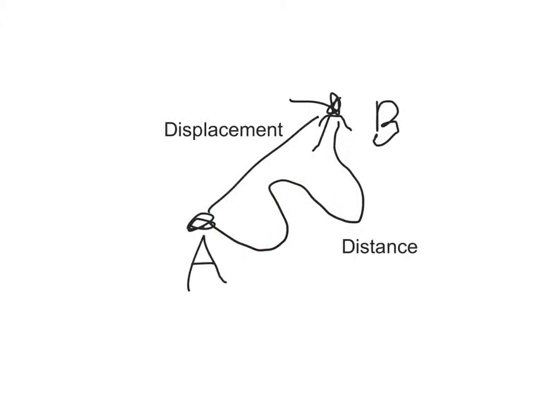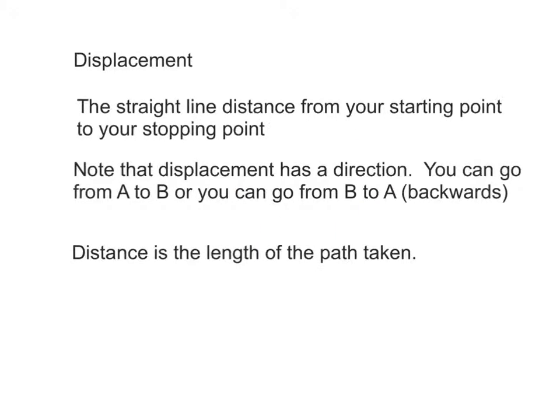So we can talk about the concept of distance, which is simply the length of the path. Again, we have the length of this path, the length of the straight line path, and then the length of this meandering path. So just to summarize, again, we have that displacement is the straight line distance from your starting point to your stopping point, and distance is the length of the path taken.